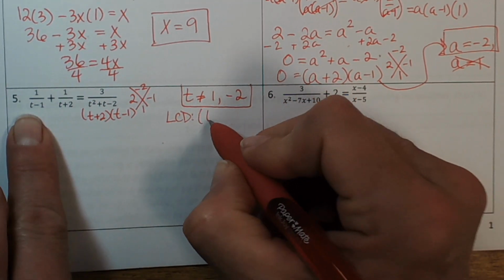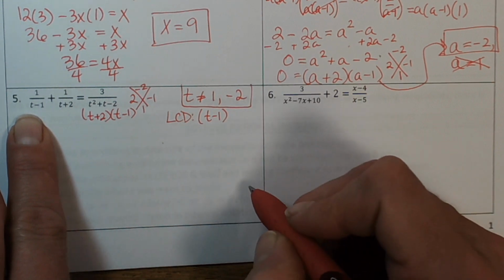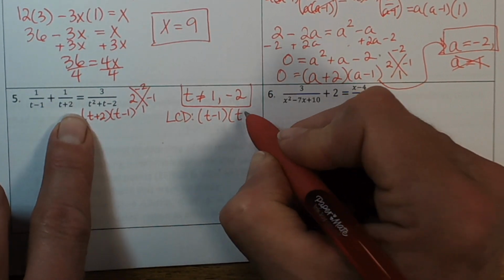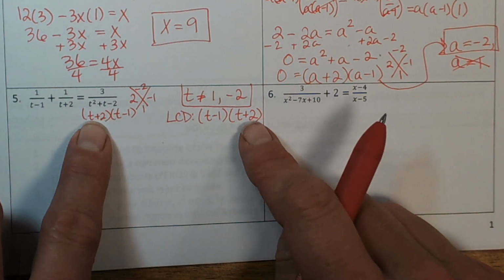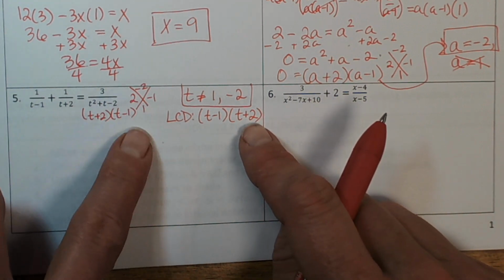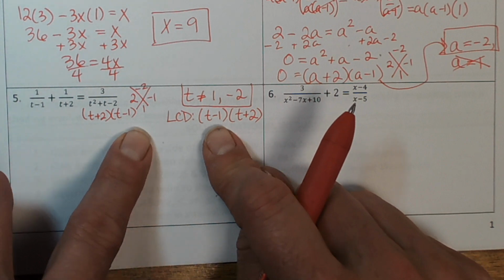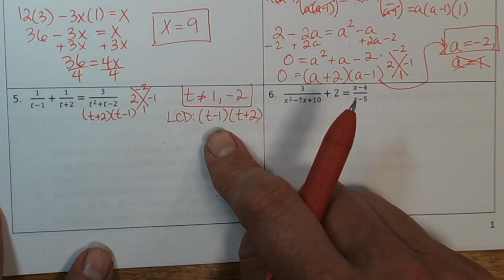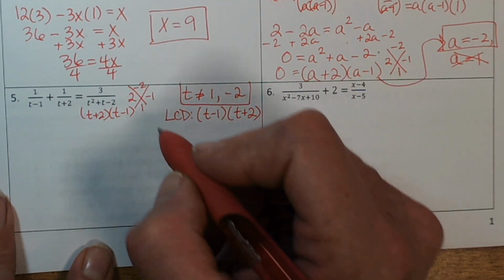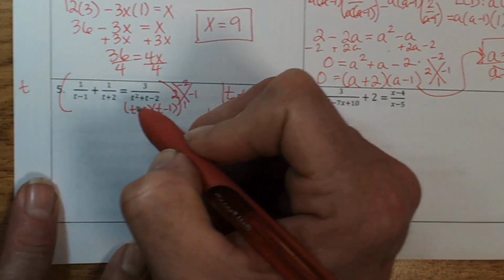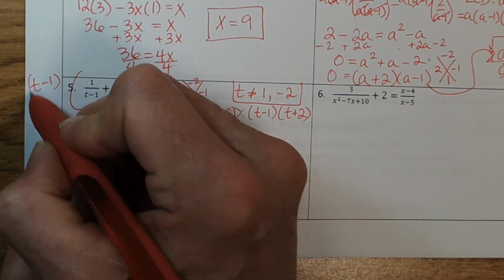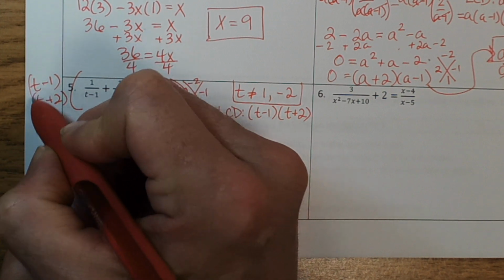Well, I have a t minus 1, so that's got to be part of it. I have a t plus 2, so that's got to be part of it. And then I have a t plus 2, which I already have, so I don't need to do it again. And a t minus 1, which again I already have, so I don't need to rewrite it twice. So now I'm going to multiply that whole thing by t minus 1 times t plus 2.